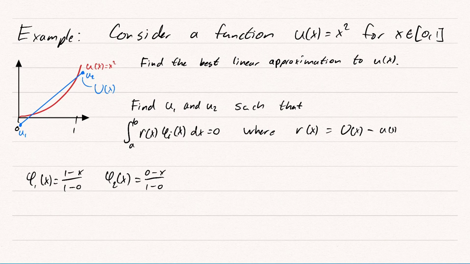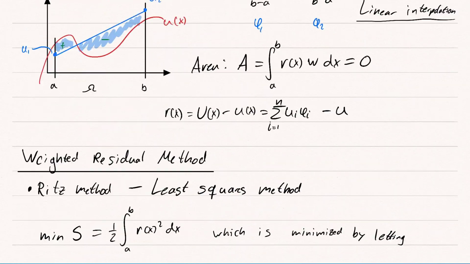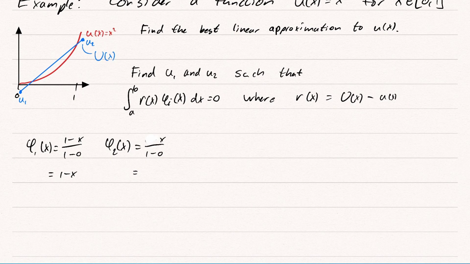Okay, so the first function here is of course 1 minus x, and the second one here is... Did I do this wrong? Yeah, it's the other way around, sorry. So this is x minus a, or x minus 0, which of course is just x. So this is how it looks like with phi 1 and phi 2.